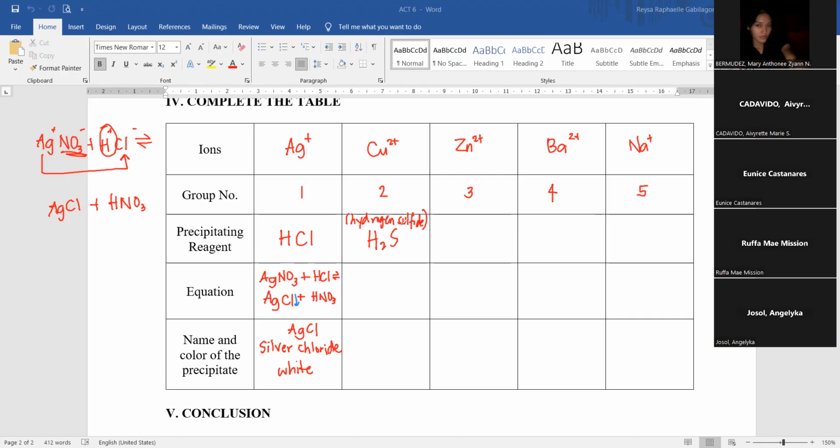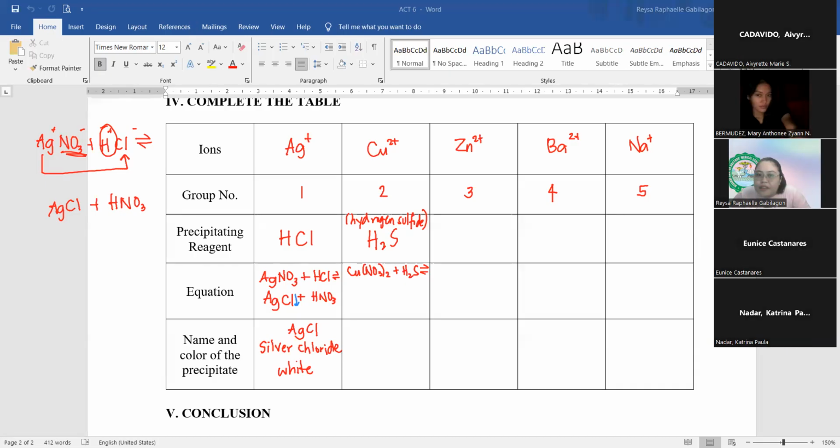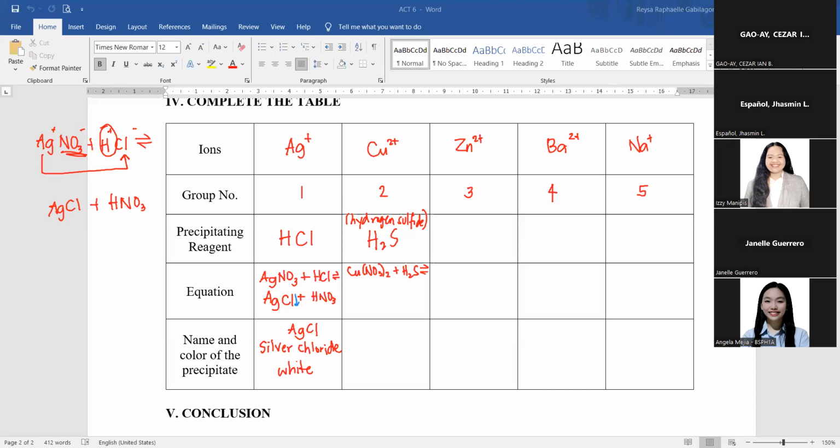Okay, so let's make the equation for this. So copper nitrate man itong ginamit natin, plus the H2S. So, anong klaseng reaction ito? Again, what type of reaction ito?